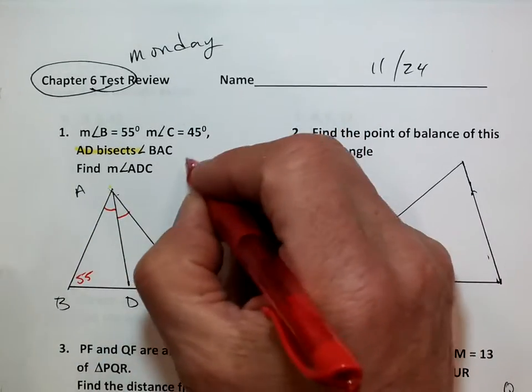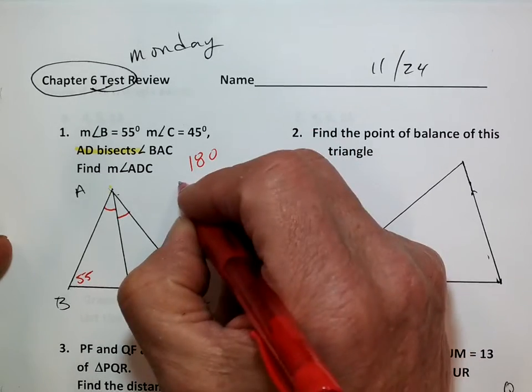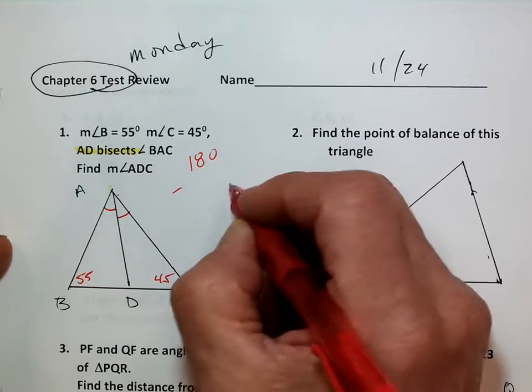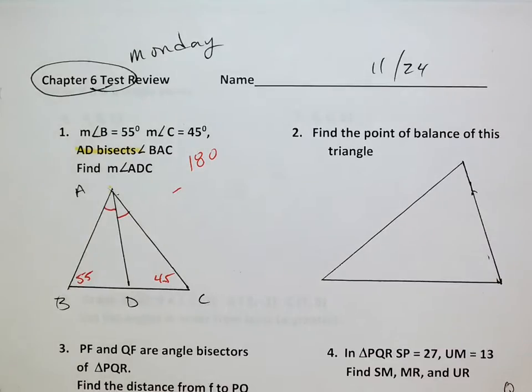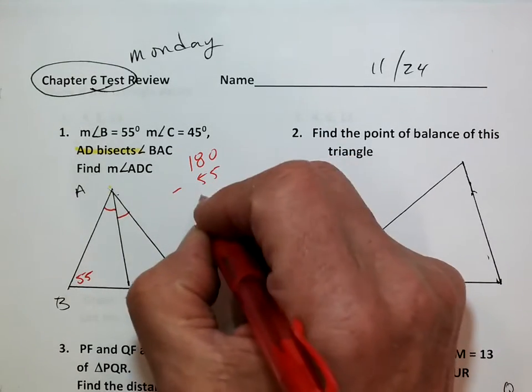I know there's 180 degrees in a triangle, so let's subtract out these two. I'm going to subtract out my 55 and my 45.